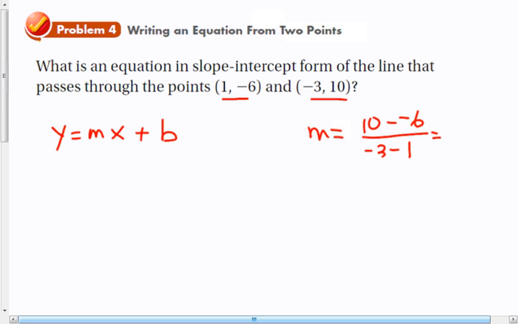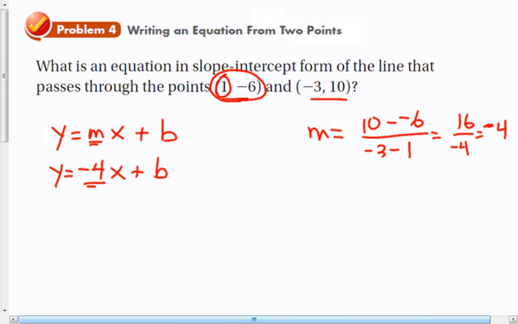And that equals 16 divided by -4, which is -4. Well, now we know the slope is -4, so we can write this much of our equation. So we substituted the slope right there for m. And now we know that our equation has to fit these 2 values here. So when I take -4 times 1 and I add my y-intercept, it has to equal -6.